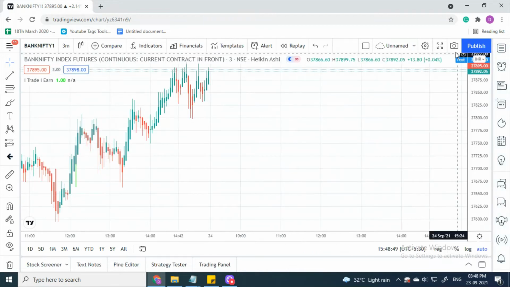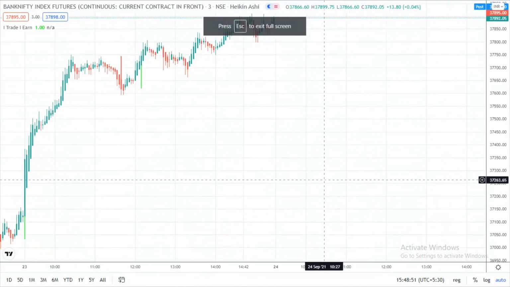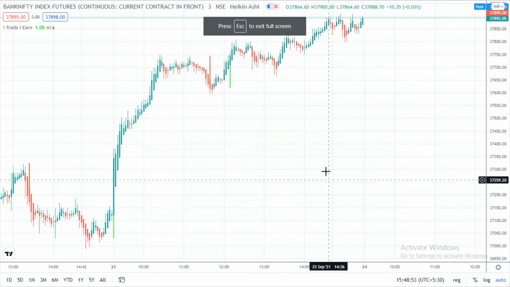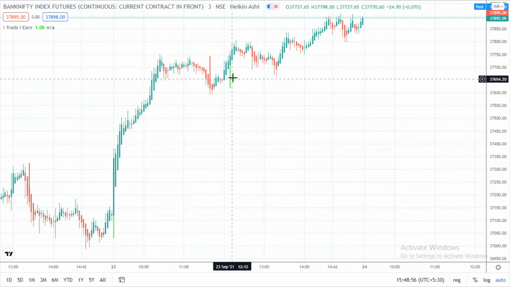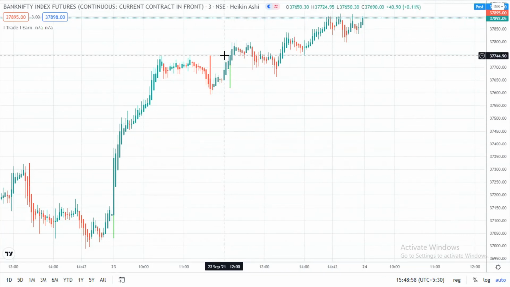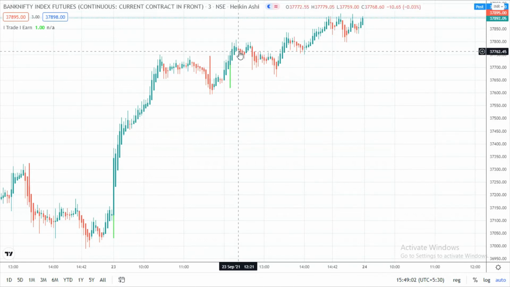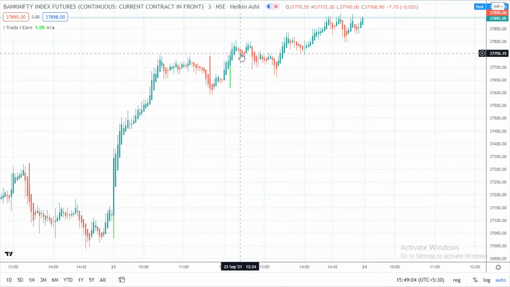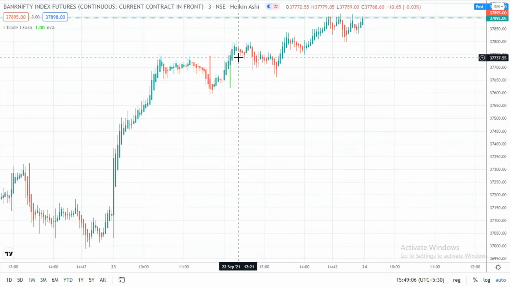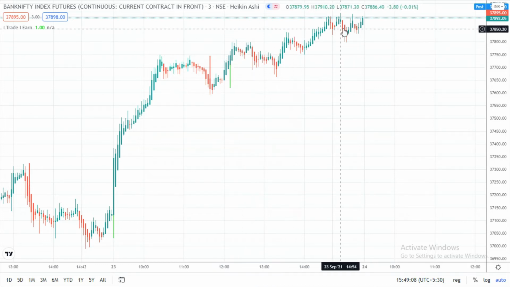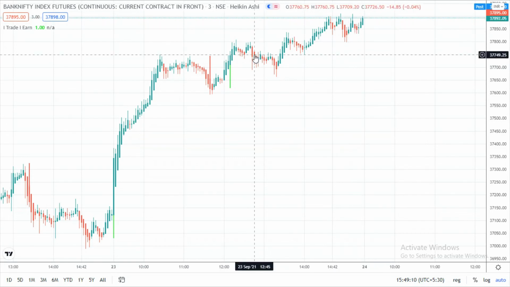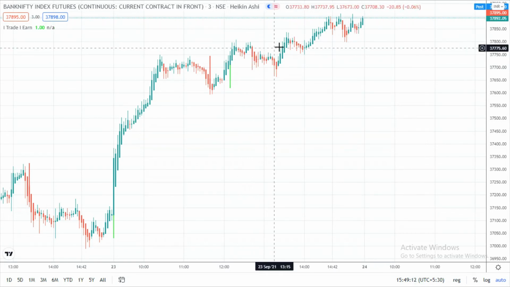Same here on Bank Nifty, today on 3rd September, a buy call was generated here and it went up till here, almost 37,800, 150 points.